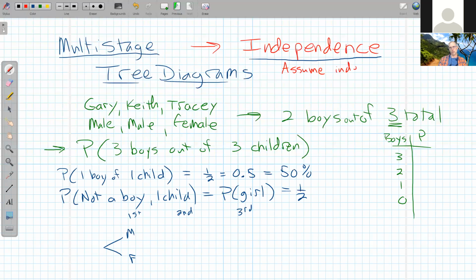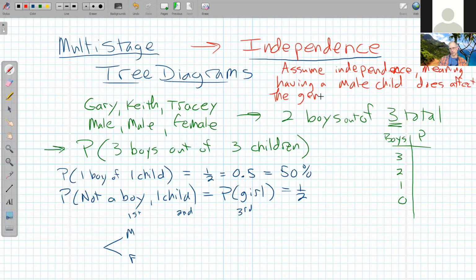Assume independence, meaning having a male child, for example, does not affect the gender of the second child or the next child. It turns out statistically that's not quite true, but it's close enough for most cases.